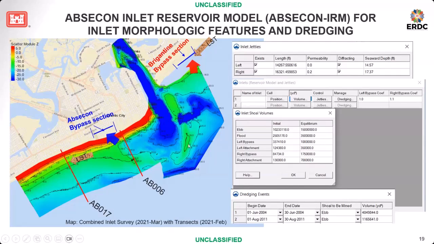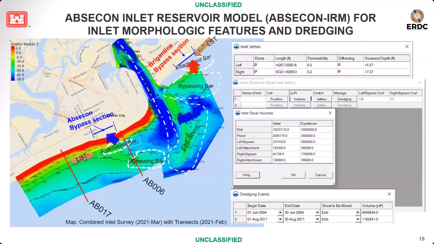Blue is deeper, and green is higher bed elevation, and then I can predefine those inlet morphological elements. I can say this is probably the ebb shoal, the bypass bar, the attachment bar, and on the other side I can also have an attachment bar, even though it's not very obvious, but I know something exists. And then we can definitely have a channel, but this ebb shoal scale is so big. The flood shoal is way behind, including this backbay.